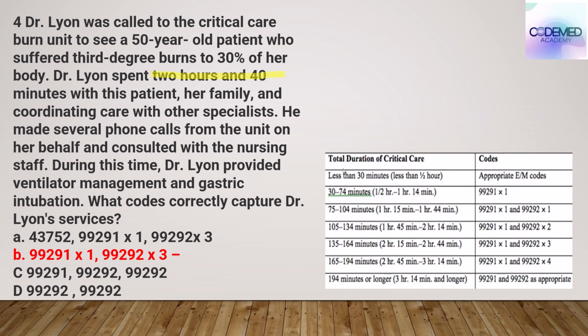Direct was he gave the ventilation management and the gastric intubation, and the indirect was not face to face with the patient, but he was making calls on behalf of the patient, and trying to get the consultation. And if you see this particular table, you will see that we will require 3 units of 99292, but not 2 units. So answer C is also not the correct answer, and B is our final answer.